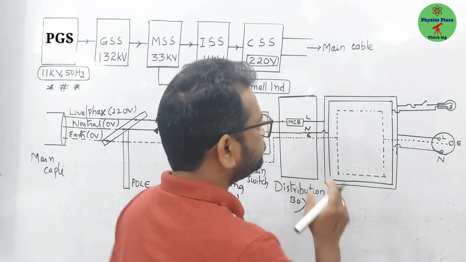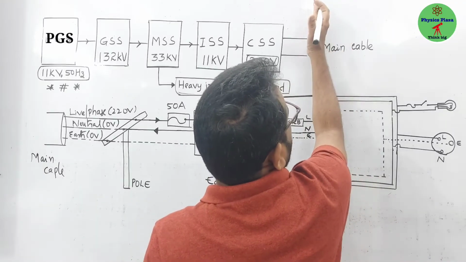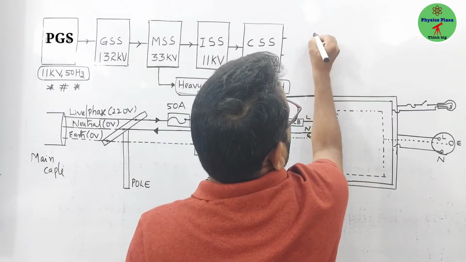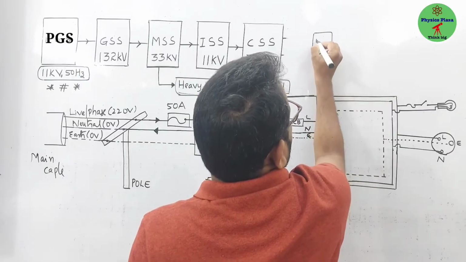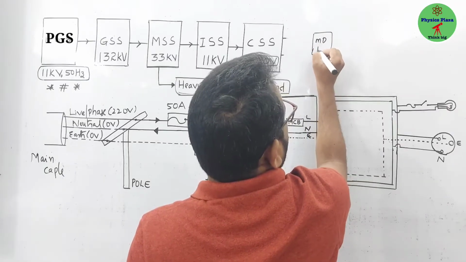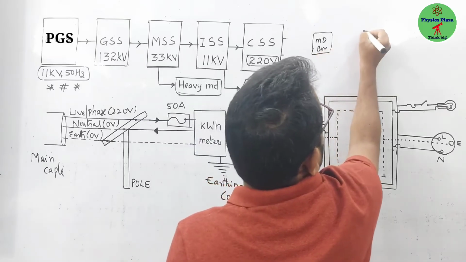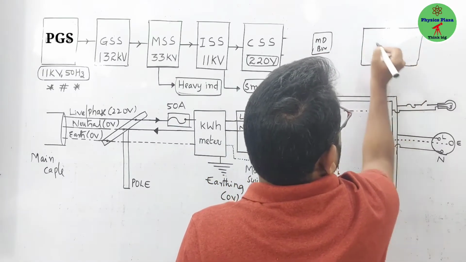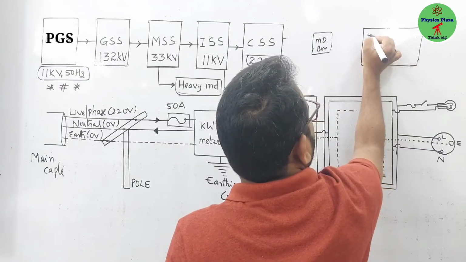For example, let me erase this. Suppose this is the main distribution box. Here you have a room. In this room, you want to arrange one fan.